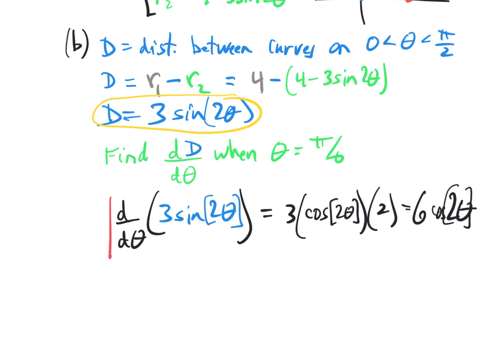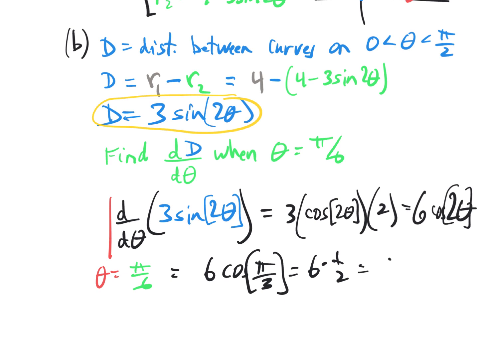So if we evaluate that when theta is pi over 6, we get our final answer of 6 times cosine of 2 times pi over 6, or 6 times half, or 3.